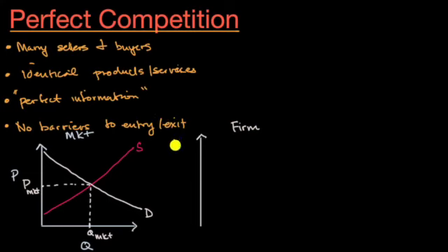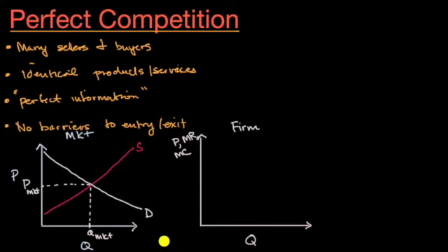So on this axis, you could view this as price. You could also view this as marginal revenue. And you could also view this as marginal cost, because we're going to plot different curves here. And then on the horizontal axis, we're going to have quantity again, but this is once again the quantity that the firm produces.